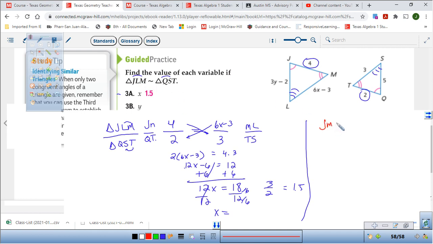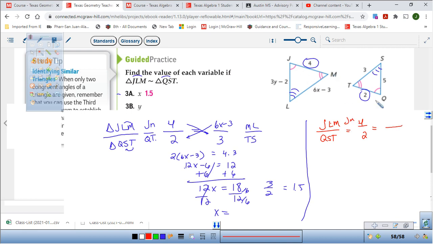JLM to QST. This one I'm going to go with 4 goes to 2. I'm going to reestablish that already and mark that off over here. The one I want to figure out is the Y. Remember, Y comes from this one here. Okay, I'm going to go with JM.